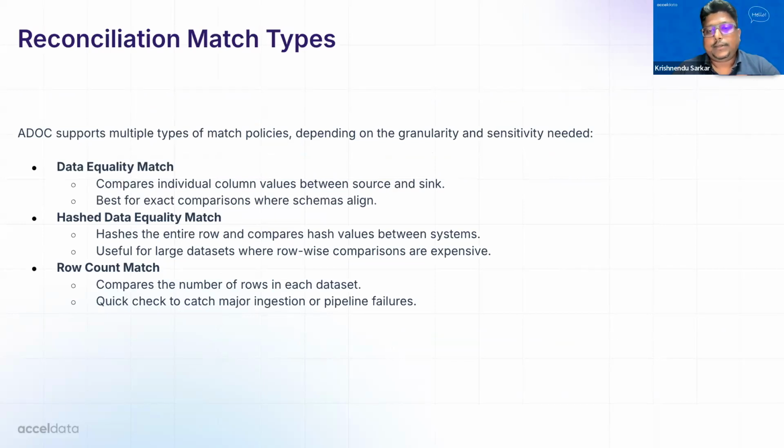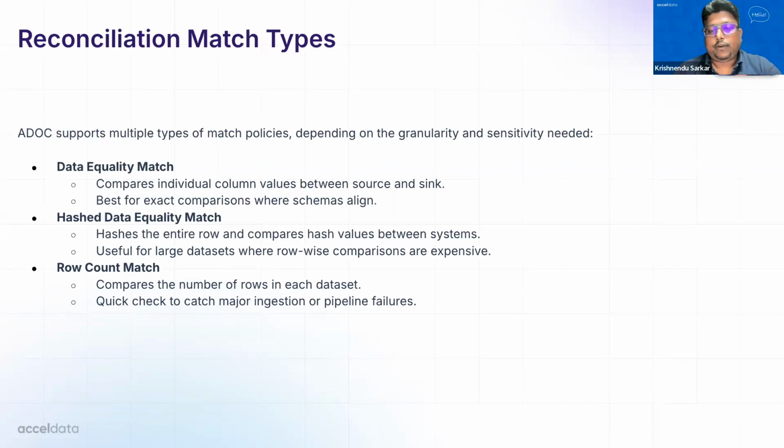This method compares column by column values between source and sink. It's ideal when schemas match exactly and you need precise comparisons. So for that purpose, data equality match will be used. Hash data equality match, instead of comparing every column, hashes entire rows and compares those hash values with the sink.